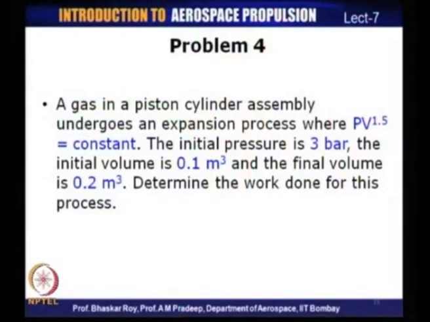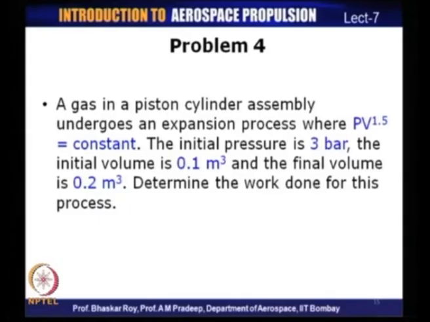Now, let us look at the fourth problem that we have for today's exercise. In this example, we have a gas in a piston cylinder assembly, which undergoes an expansion process where PV raised to 1.5 is equal to constant. The initial pressure is 3 bar and the initial volume is 0.1 meter cube, and the final volume is 0.2 meter cube.